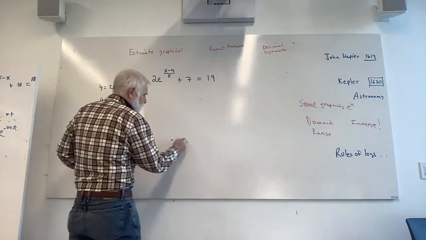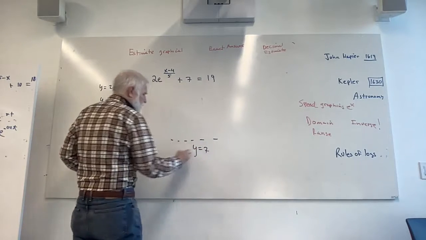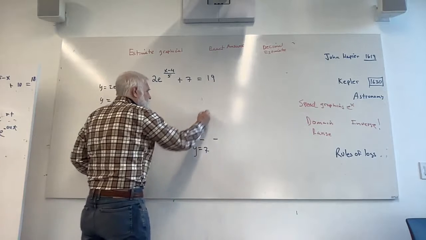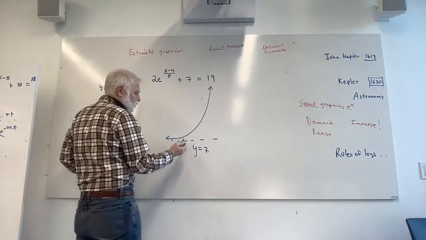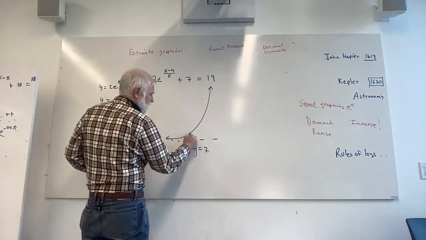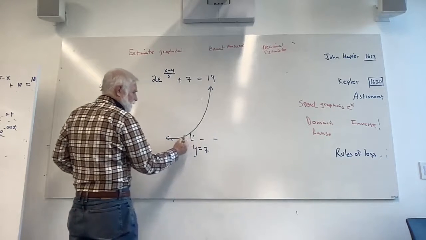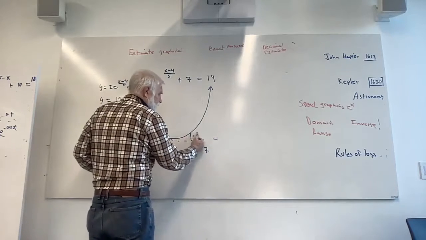I'm going to get an asymptote of 7. I know it's exponential growth, and I know my first jump is 2. So I'm going to use the green to the orange. That is now 2 units, and I know that I want to triple, so I'm going to get 6.